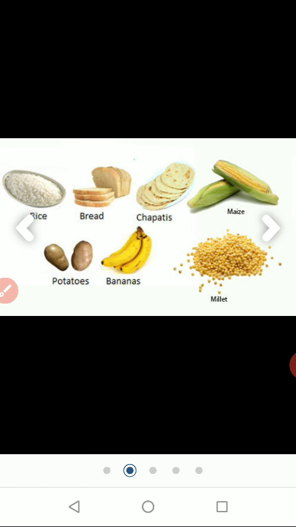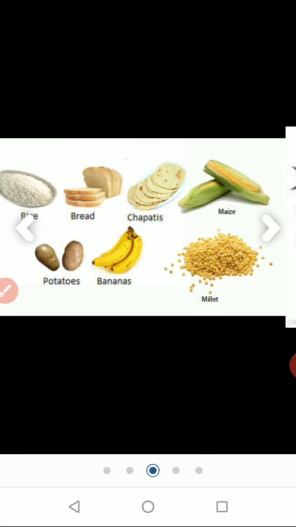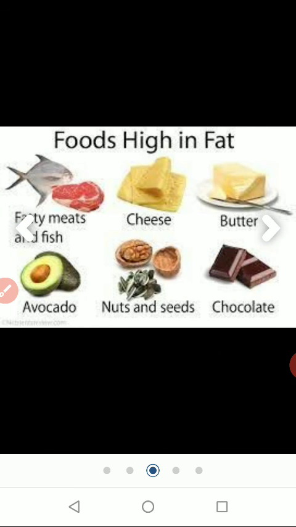The next examples I have are of carbohydrate rich food: millets, banana, potato, rice, bread, chapati, maize, etc. All these are rich in carbohydrates, that is energy giving food. And high fat foods are cheese, butter, chocolate.